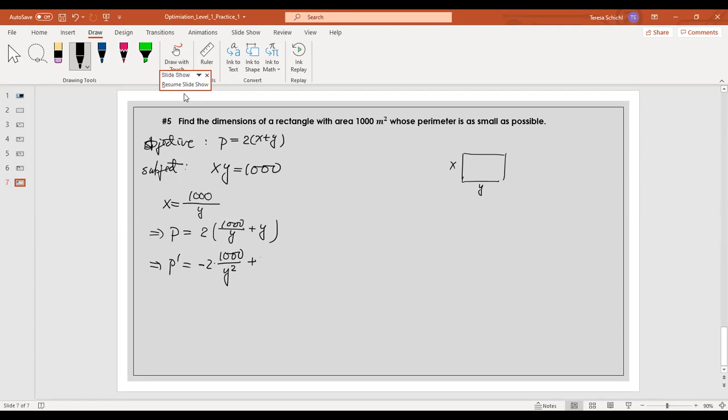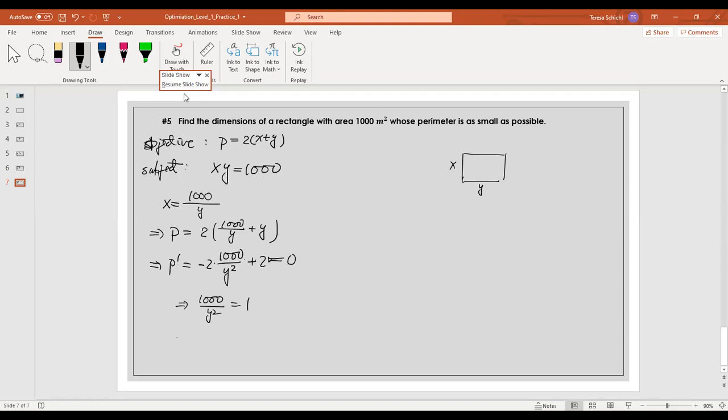Don't forget to have the 2 in front. Then we set this equal to 0 and cancel the 2 on both sides. Then you get 1,000 over Y squared is equal to 1.